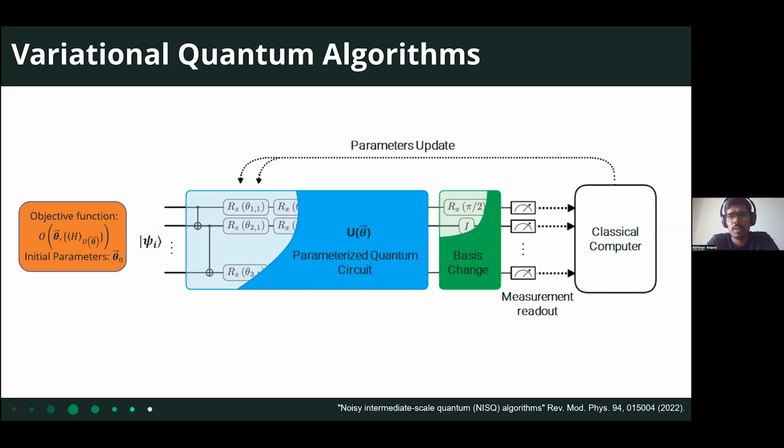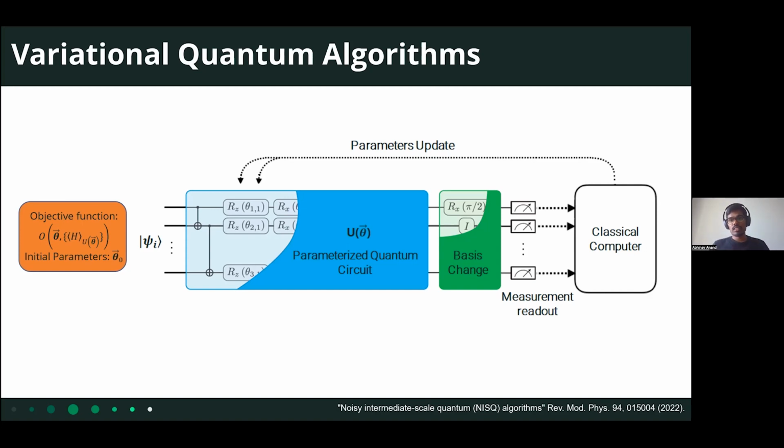So this approach uses the best of both worlds: using classical computers to do arithmetic and calculate gradients and stuff like that, which they are pretty good at, and using the quantum computer to prepare quantum states, which it is good at.